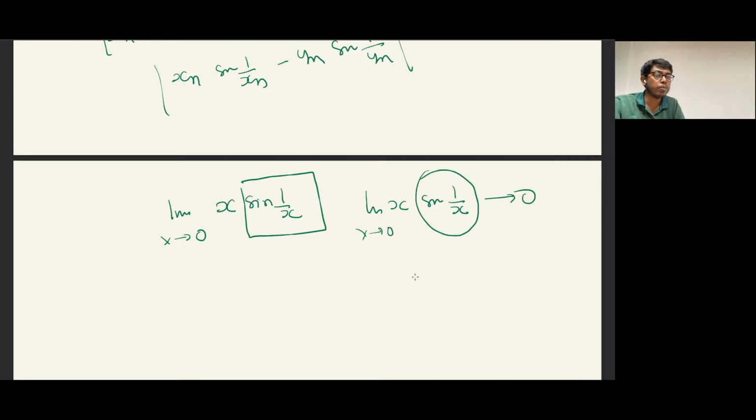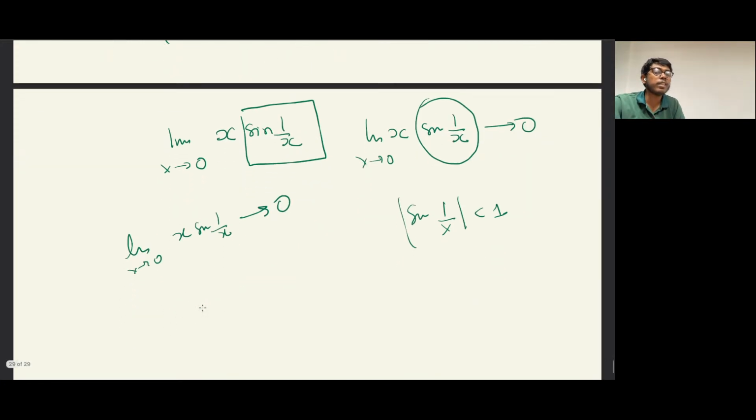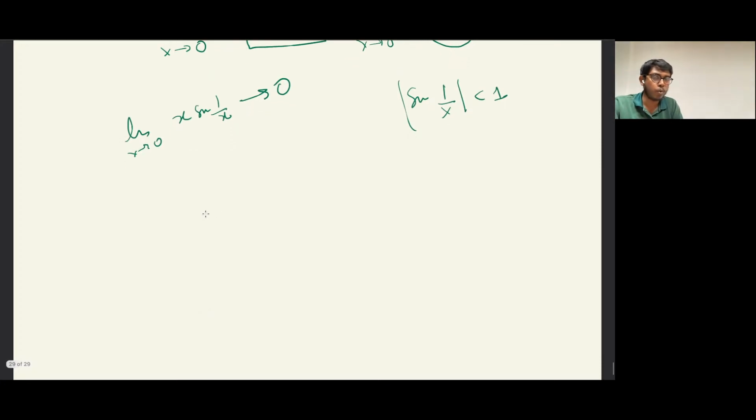I can always write, whatever x is, sine 1 by x is less than 1. So this is always a bounded function, and therefore the limit of x sine 1 by x will go to 0 as x tends to 0. So I have extended the limit, and of course at 1 there was no problem.